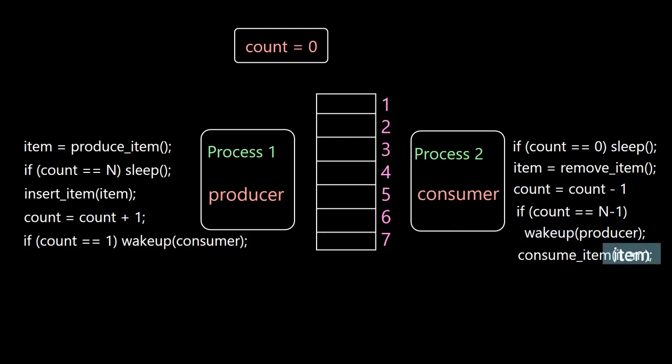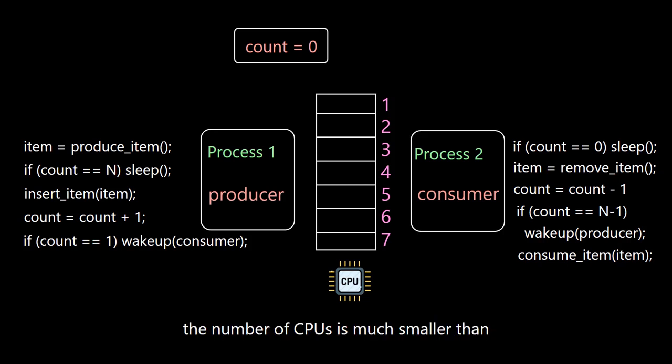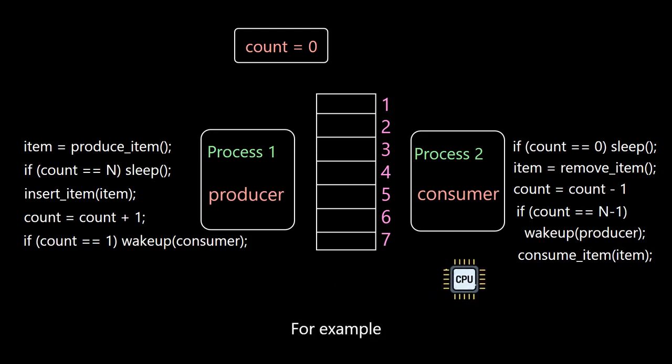This looks pretty good. However, if we take the CPU into consideration, generally the number of CPUs is much smaller than the number of processes. So assuming there is only one CPU, two processes are running alternately. For example, run the consumer first.